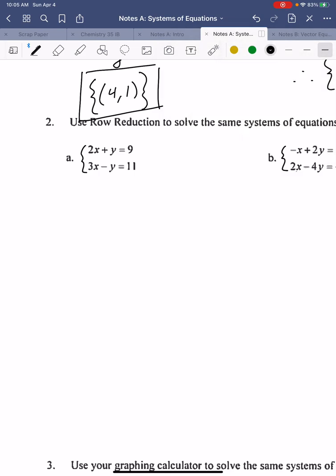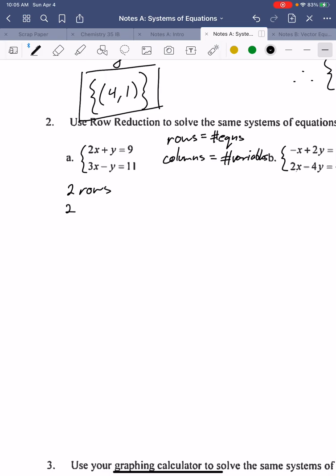Okay, so step 1 is converting to a matrix. Now, what are the components of a matrix? Well, a matrix has rows and columns. Rows represent the number of equations, and the columns represent the number of variables. So for this one, we'll have 2 rows, because there are 2 equations.